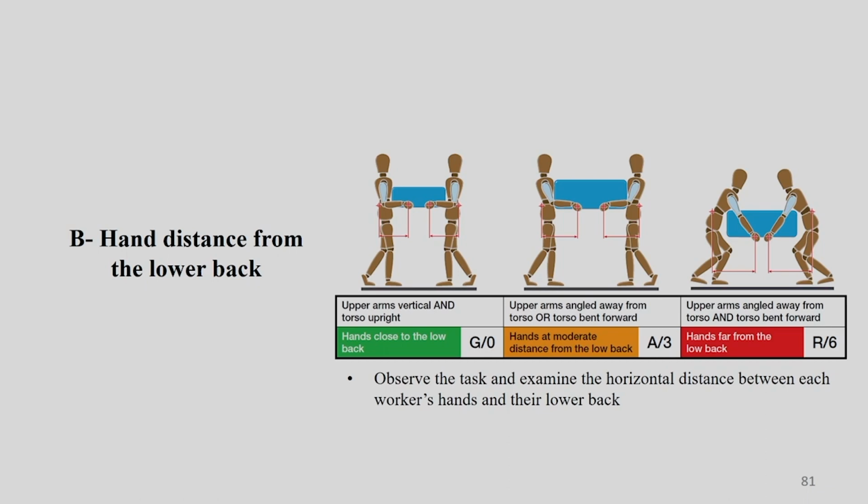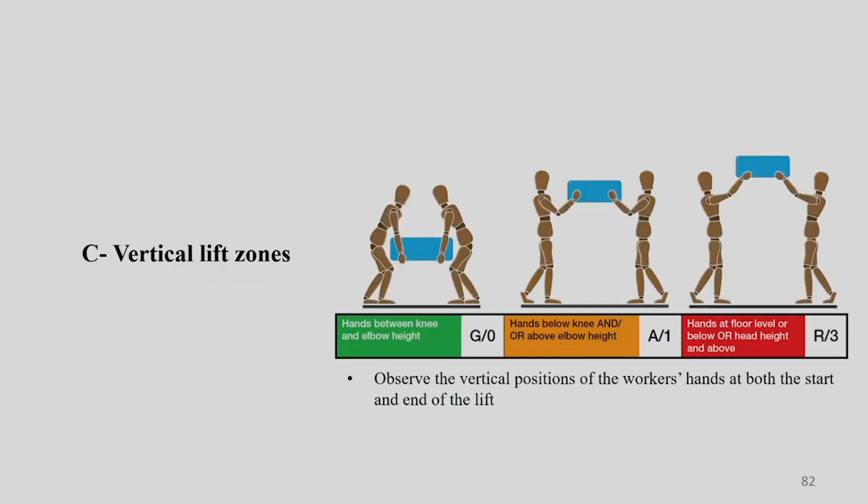Upper arm angled away from the torso and torso is bent forward, then it is red and the value is 6. Vertical lift zone, hands between knee and elbow height. If it is between knee and elbow height, definitely it is easy, so it is green.